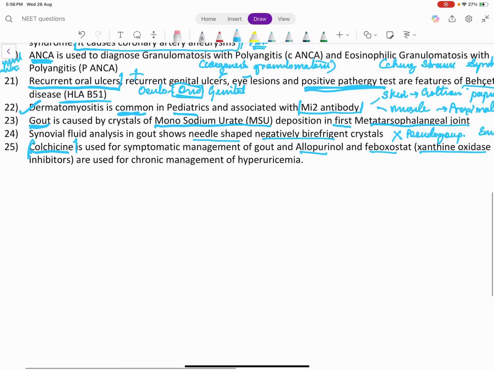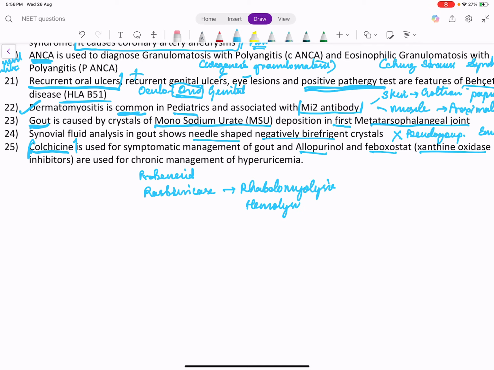Also we have other drugs like probenecid, which excretes uric acid, and we have some uricase enzymes, rasburicase, which are used especially in uric acid emergencies like rhabdomyolysis, hemolysis or tumor lysis. In these conditions, when cells go for lysis, the intracellular uric acid gets excreted. So, to remove this excess amount of uric acid, we use rasburicase.